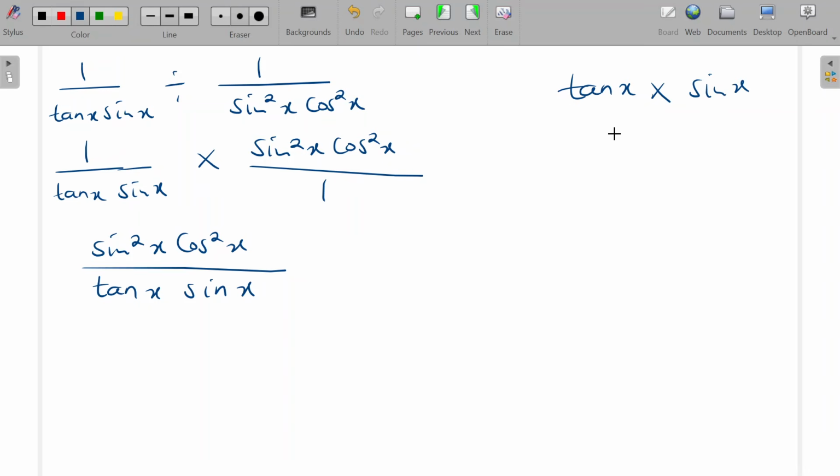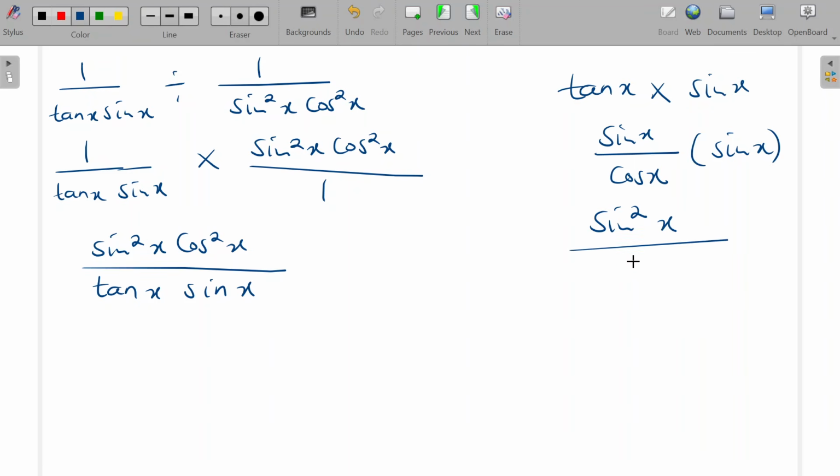Now tan x is sine x over cos x, and it is multiplying with the sine x, meaning that this is just the same as having sine squared x over cos x. So here at the bottom again, now I have sine squared x over cos x.